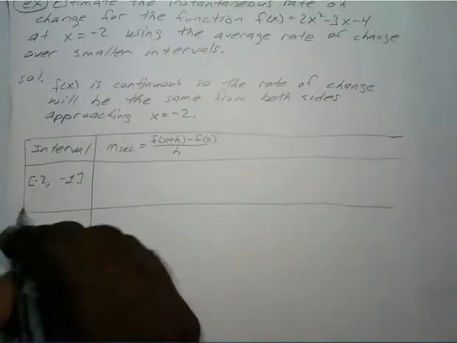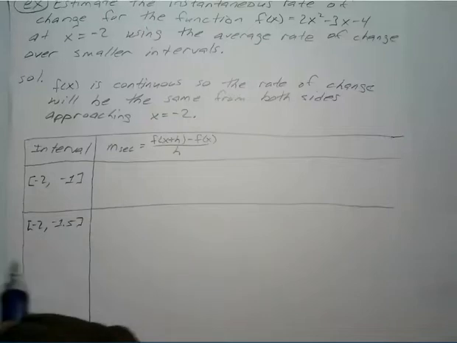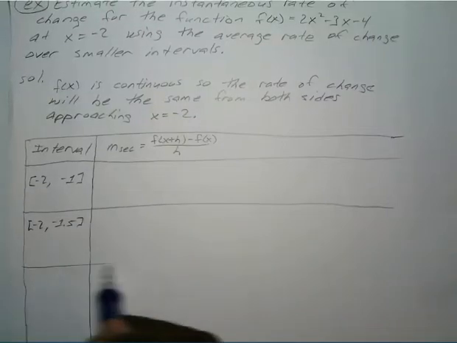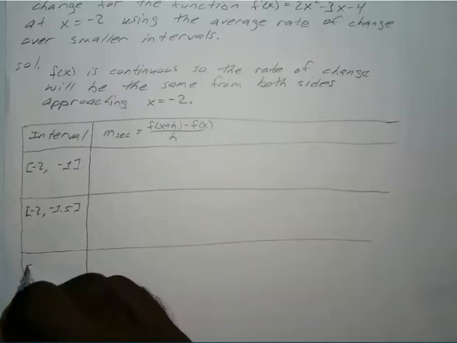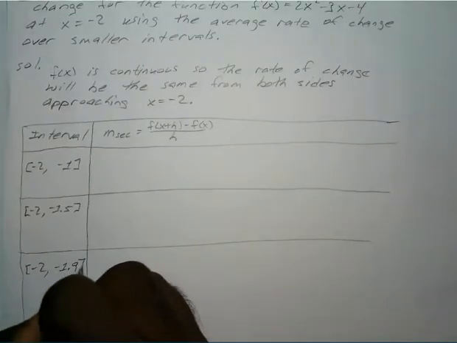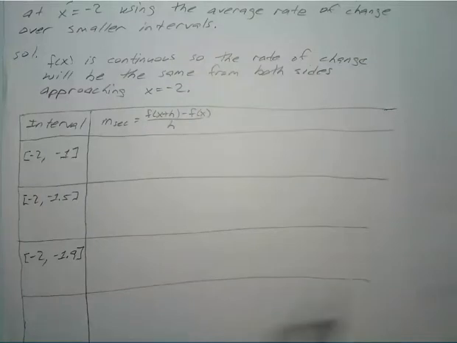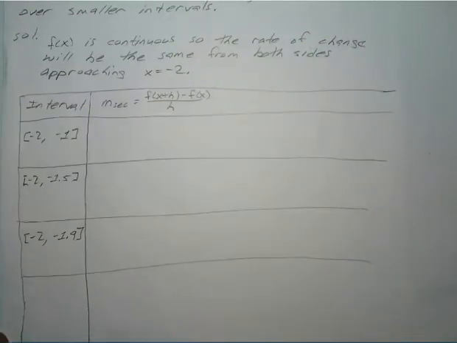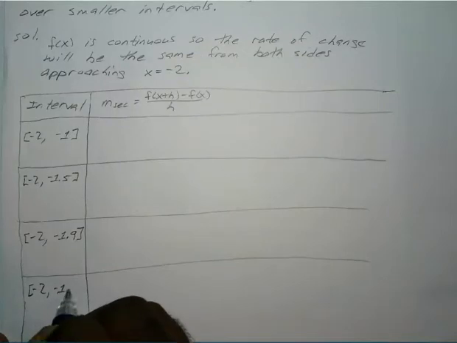Then we're going to go from -2 to -1.5. We're going to go -2 to -1.9. And last but not least, we can go from -2 to -1.99.